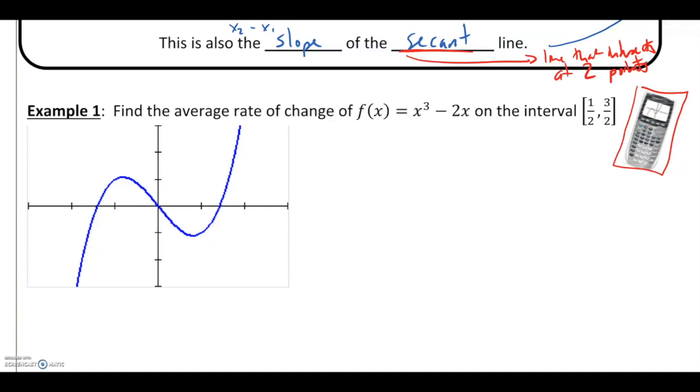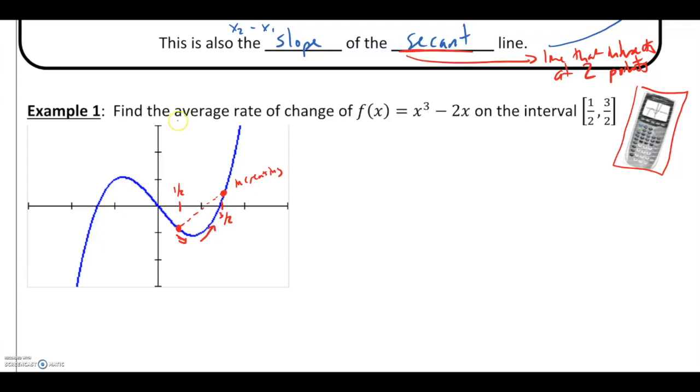So in this problem, we are looking on the interval 1/2 to 3/2. And what we want to describe is, from my starting point at 1/2 to my ending point at 3/2, how would I describe the overall change in my function? Well, I could see that it is definitely increasing, but I can also see it started by decreasing before moving up.